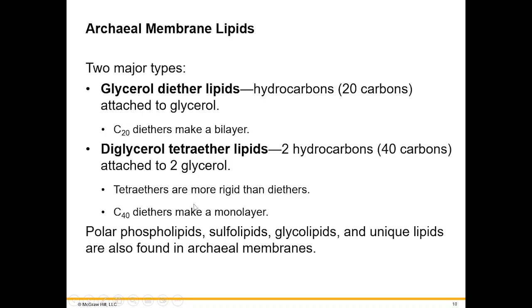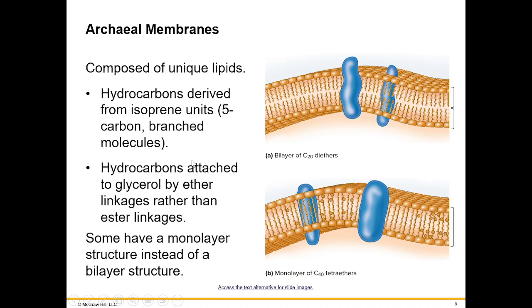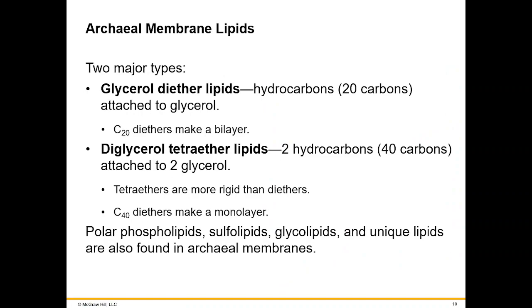The other type is the monolayer structure, the tetraether lipids. We call it a tetraether because you form ether bonds 1, 2, 3, and 4, because you have two tails connecting two heads. So you have basically four connections there, a four ether connection.